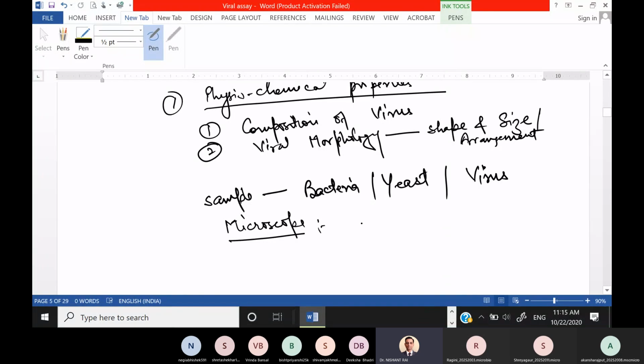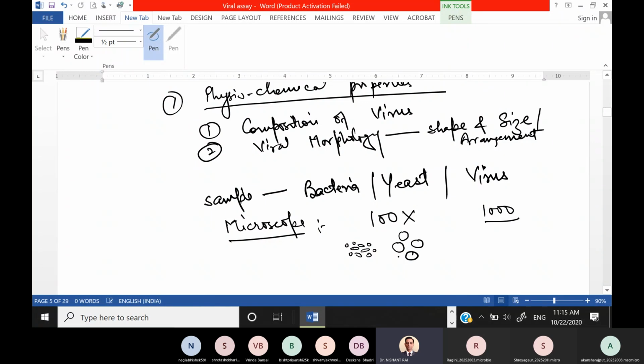Let us suppose you are using a bright field microscope or oil immersion microscope, at 100x objective lens, or total magnification say 1000. With this you can differentiate bacteria and yeast. If bacteria is observed like this, say a rod shape or circular cocci, you will identify it, and if it is yeast, it will be observed this way.